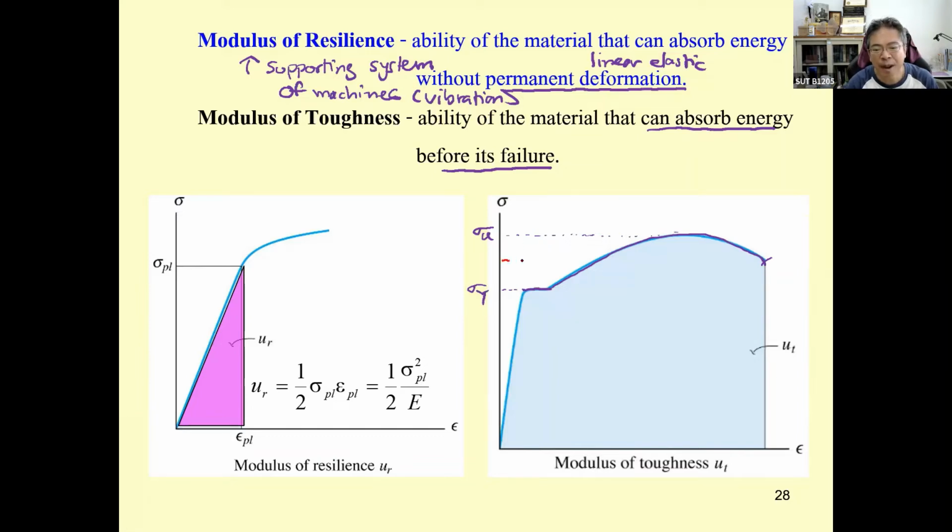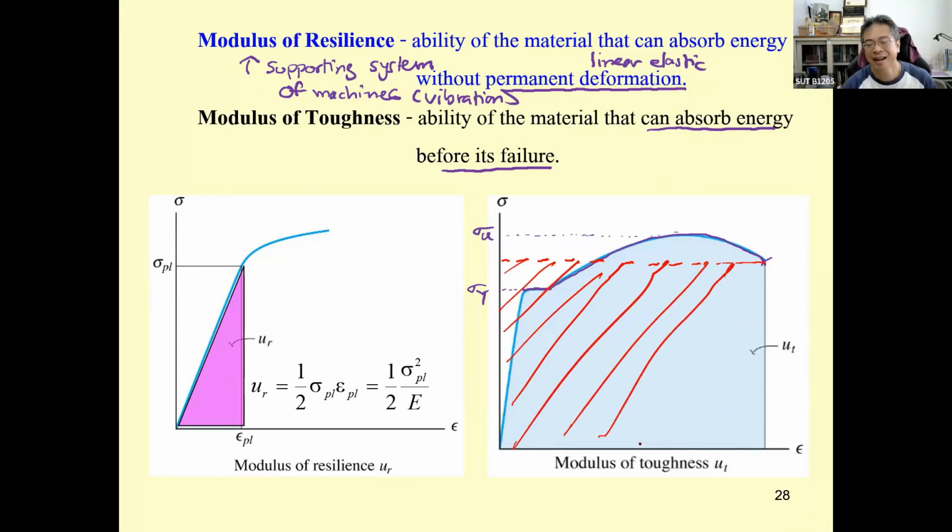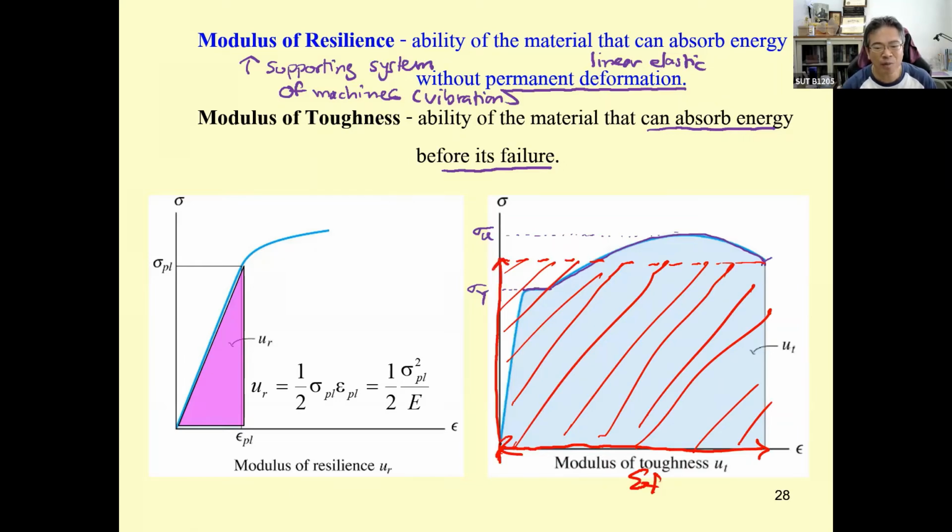So we may compute this area by putting it into a rectangular area, in which this one is going to be the strain at failure, and this one is going to be what?